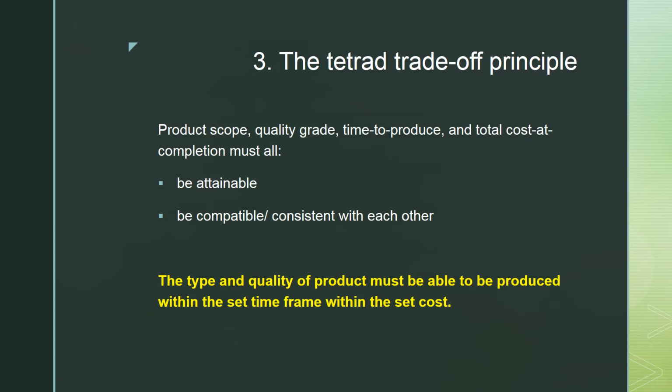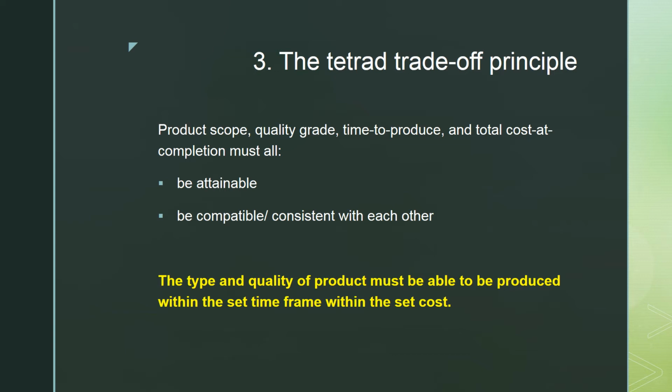And you know that by the end of week 12, the project will still be incomplete. So the time to produce whatever the project seeks to produce must be attainable. It must be realistic. And then you're talking about the total cost at completion, how much it's going to cost. If you have a budget of, say, 200,000, and the total cost at completion is going to be 5 million, obviously it's going to fail.